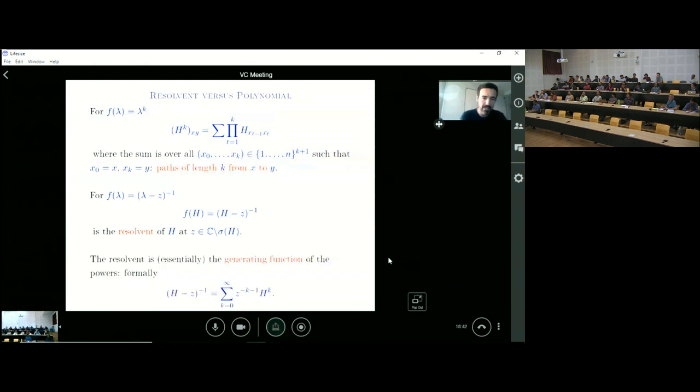For example, if you expand 1 over (lambda minus z) formally, you will obtain that the resolvent is nothing else than the generating function of the powers. But the way to study these two objects, powers and resolvents, is usually quite different, even if at the end they contain essentially the same information.